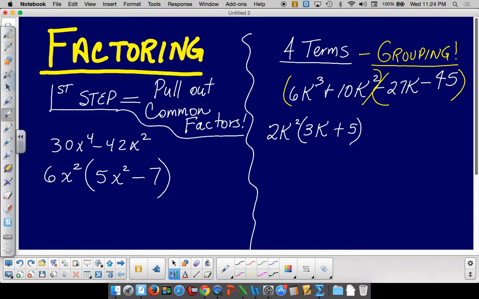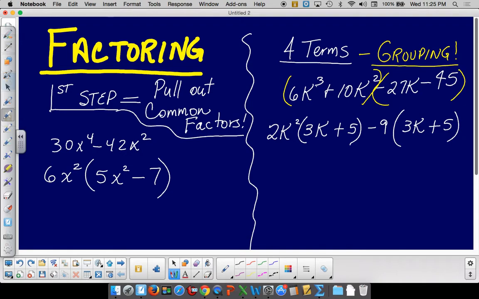What's in common to negative 27k and negative 45? Well, yes, negative 9 would be in common. There's no variable, but we'll take negative 9. So if you're pulling out negative 9, that's going to leave you with a positive 3k. And if you're taking negative 9 out of negative 45, it's going to leave you with a positive 5.